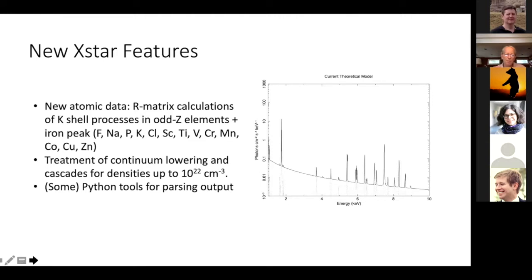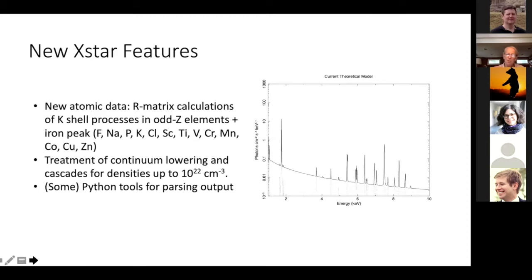And then in addition to that, we've implemented processes which are important when the gas density is very high, and this is likely to be important in X-ray heated accretion disks very close to black holes, particularly in galactic black hole systems, where the densities can be almost up to solid densities, at least nominally.